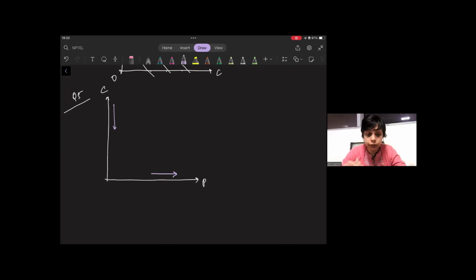Increasing Coke decreases utility, so the increase points downwards. So the direction of increase of utility is in this direction, right? If it is in this direction, generally what happens? Generally, the indifference curves are drawn orthogonal to the direction of increase. So they're going to be something like this.